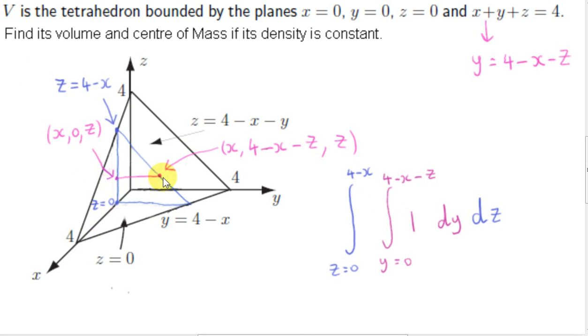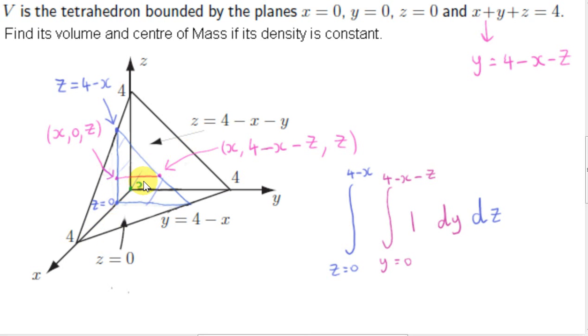So now these two integrals will give us the area of this triangle, which is a vertical cross section of this tetrahedron. It's a cross section that's parallel to the xz plane, and of course it depends on where we take that cross section. It's not constant, as you can see. Right, and finally then we would have to get the volume of the tetrahedron by integrating in the x direction. Okay, so if we imagine moving this cross section in the x direction, we can sweep out the required volume.